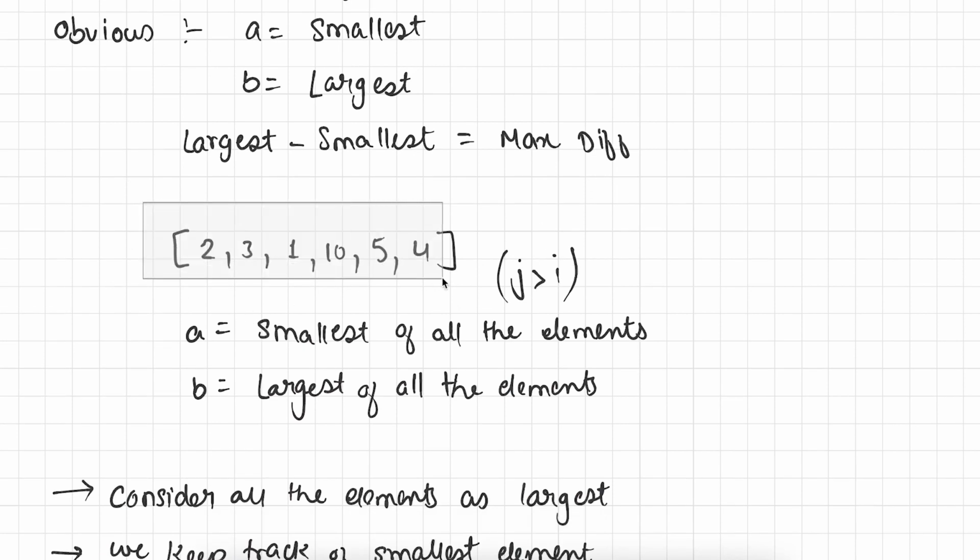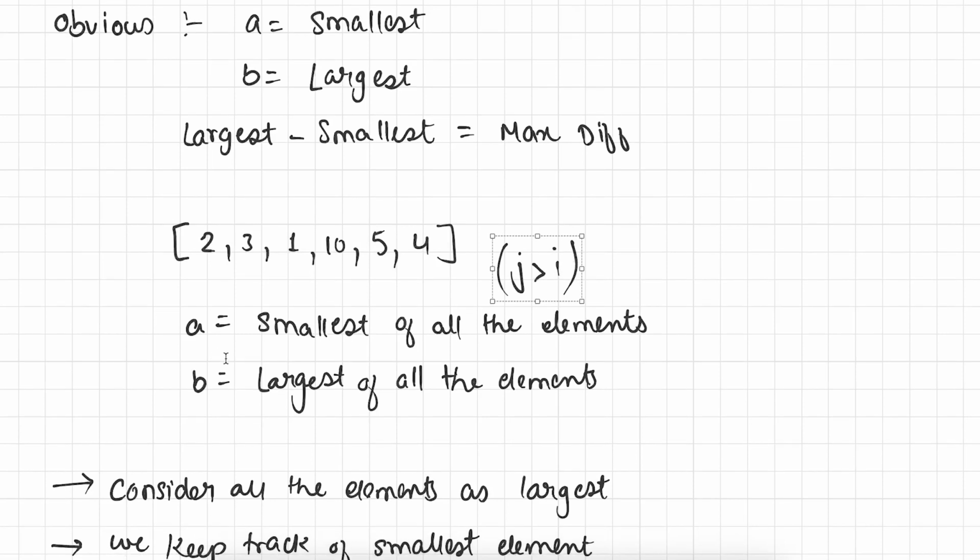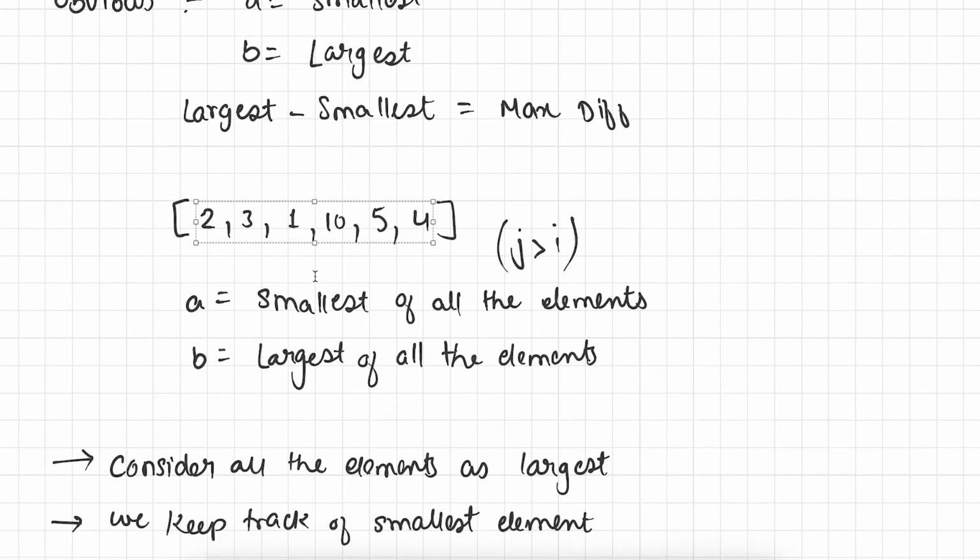So considering this array and j should always be greater than i, our a is always going to be the smallest element among all the elements, right? And our b is always going to be the largest element among all the elements, correct?